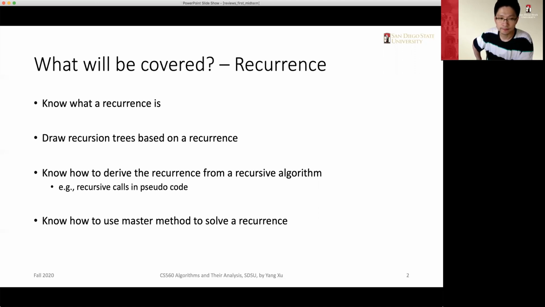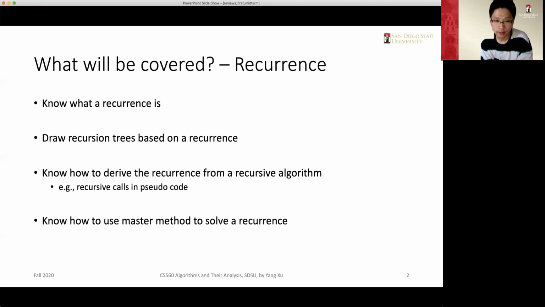If you spot a recursive call in the algorithm, you will know that there should be a recurrence that describes the algorithm, and you need to decide what the coefficients within that recurrence equation are by noticing how many recursive calls there are in the algorithm.